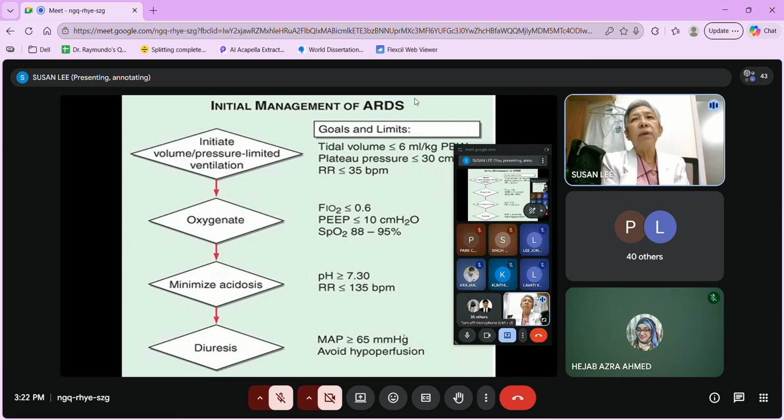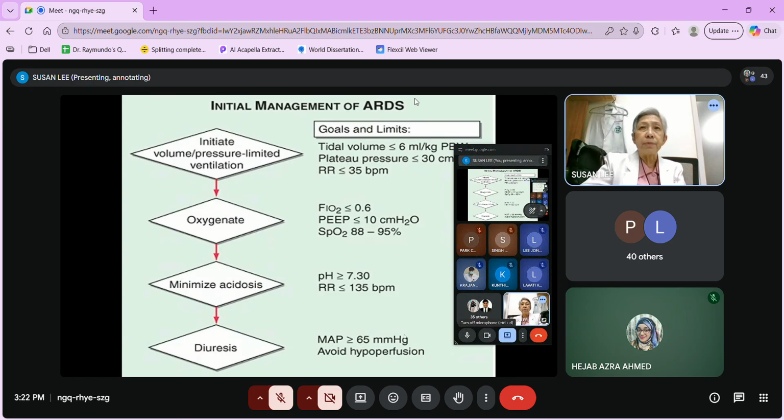So if our patient is mechanically ventilated, the advice now is to start the patient on a low tidal volume of around 6 ml per kilogram body weight, the ideal body weight, okay, and maintain an acceptable pH and O2 saturation, and mean arterial pressure to minimize complications of hypoperfusion, which may further cause problems to the patient.